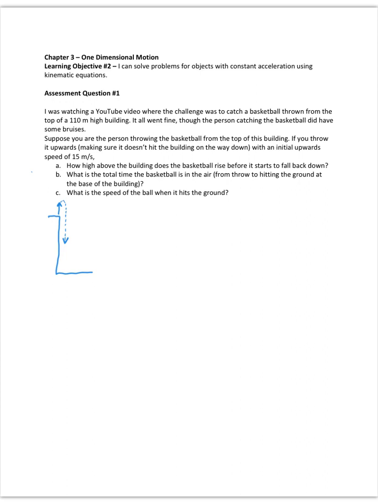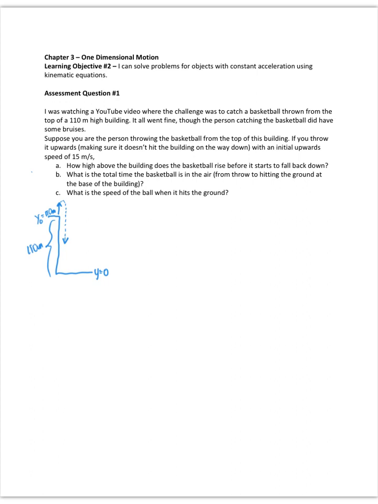I'm going to put my y equals 0 at the base of the building, which means that our y naught is going to be 110 meters because that's the height of the building. I didn't mention this, but we're throwing it upward with a speed of 15 meters per second.